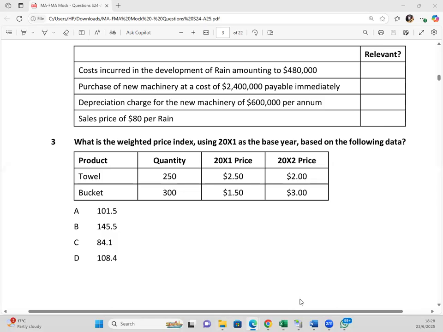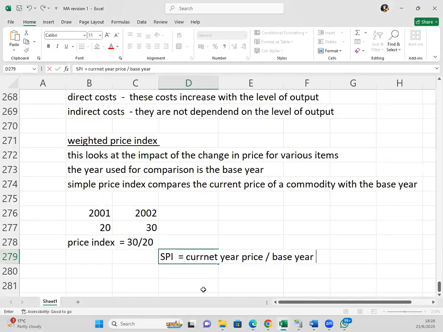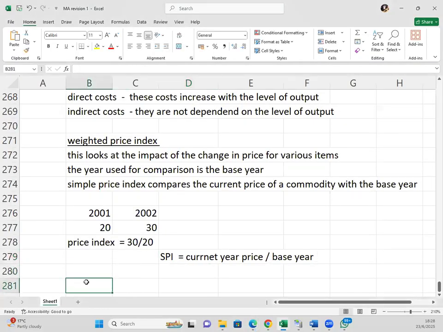So let's maybe put the steps down. Step 1, you need to get the price index for each product.